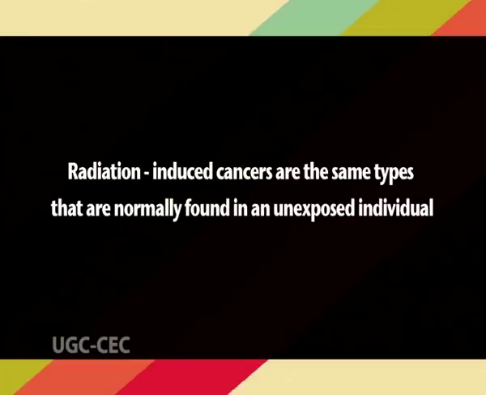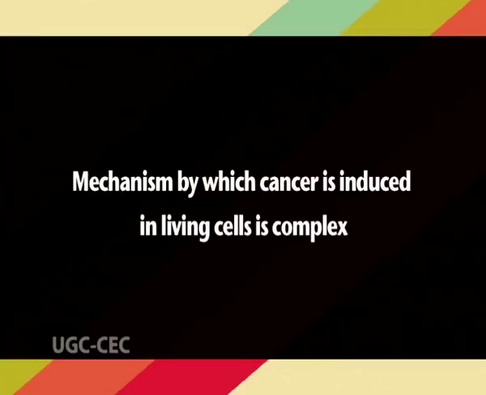Radiation-induced cancers are the same types that are normally found in an unexposed individual. However, after exposure to radiation, these cancer types may occur with some increasing frequency and therefore can be detected only by epidemiological means. The mechanism by which cancer is induced in living cells is complex.